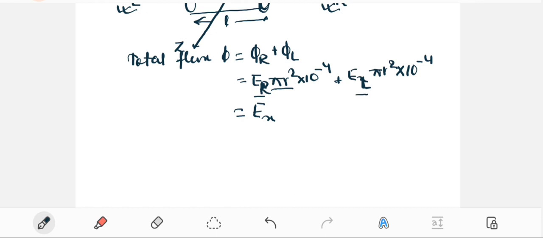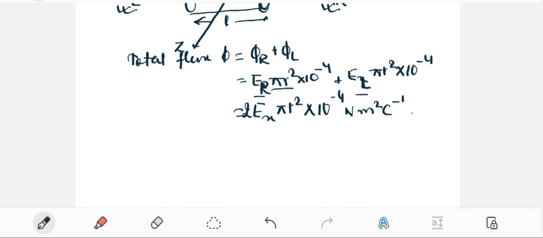And pi r square is common in both, and also 10 to the power minus 4 is common. So 1 plus 1 becomes 2, so we can simply multiply it by 2. So this is the value, and the unit of total flux is Newton meter square per coulomb. So this is the total flux linked to the cylindrical surface.